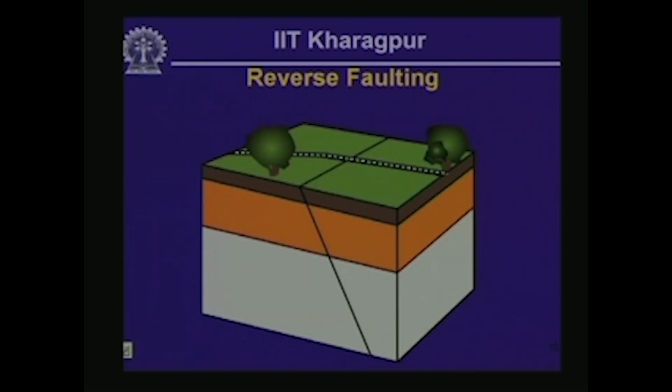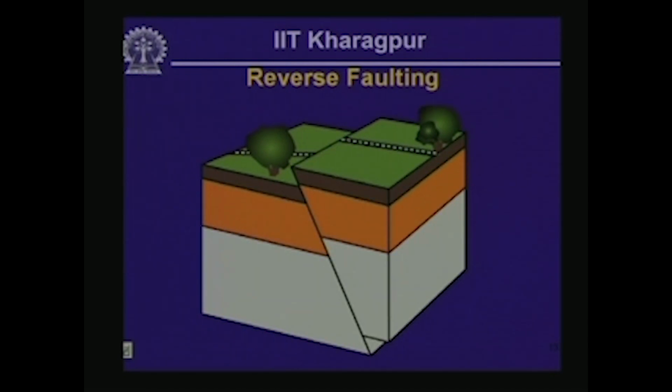Now let us look at the reverse faulting problem, from a similar standpoint, using a similar methodology as we did in the case of the normal faulting problem. What reverse faulting is, is shown on this animation. Here, instead of a block sliding down with respect to another, the block on the right is climbing up, and it is obvious that this is a compressional regime given by the major principal stress acting in a horizontal direction.